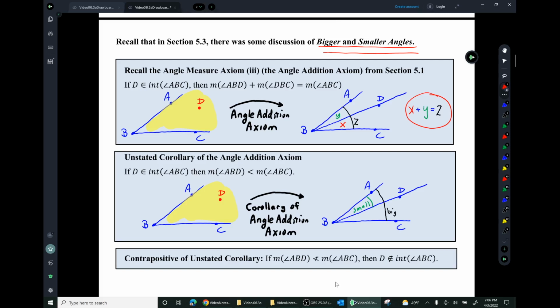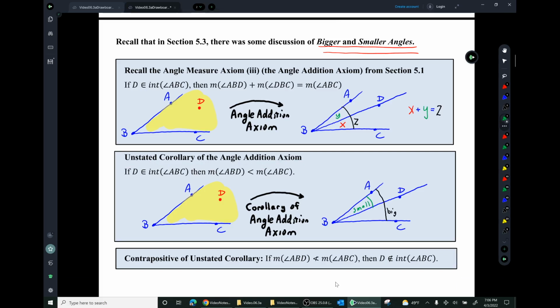So that means that that green number y is definitely going to be less than that black number z. So this green inside angle is going to have a smaller measure than this black outside angle. So as I said, that is a corollary, but it's not stated in the book. It's kind of obvious, but it's good to remind ourselves where it comes from.